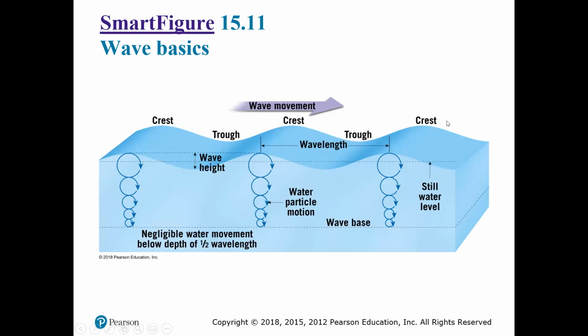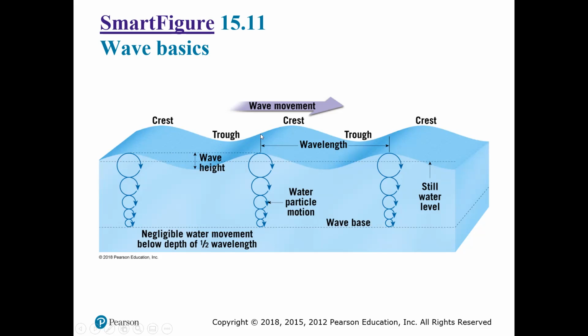As the wave moves from left to right, we have varying crests and troughs. Halfway between the crest and the trough is the still water level. If the water was still, that's the height it would be. The vertical distance between the trough and the crest is referred to as the wave height.